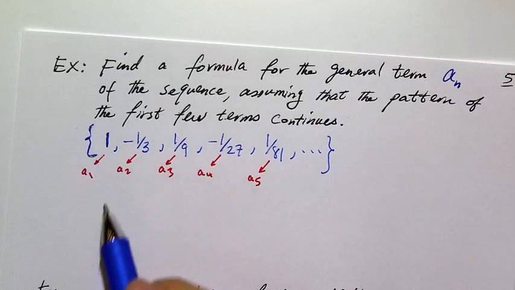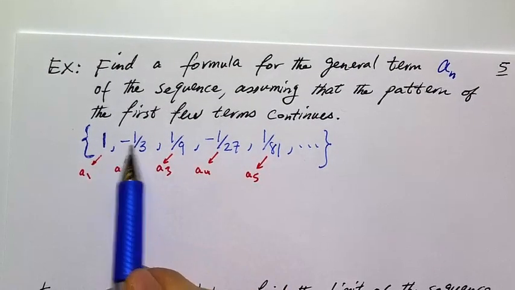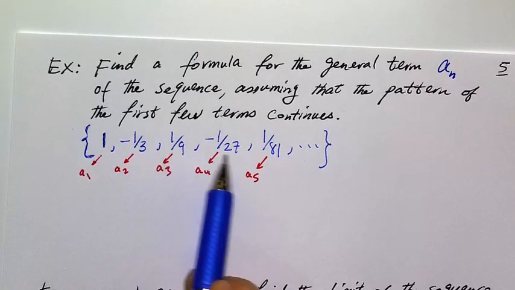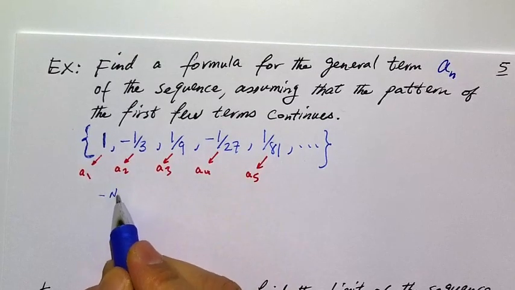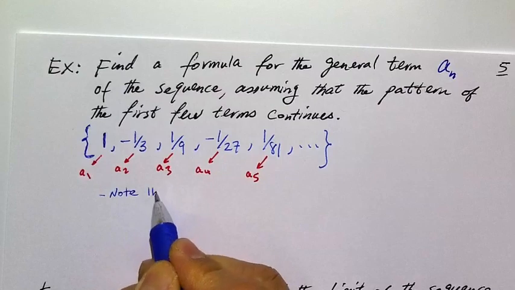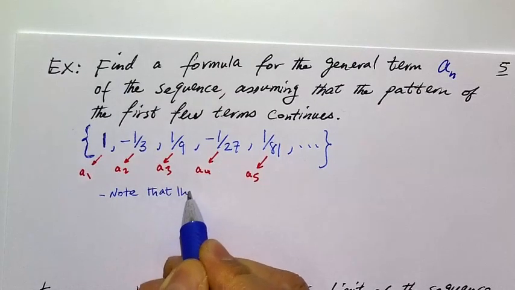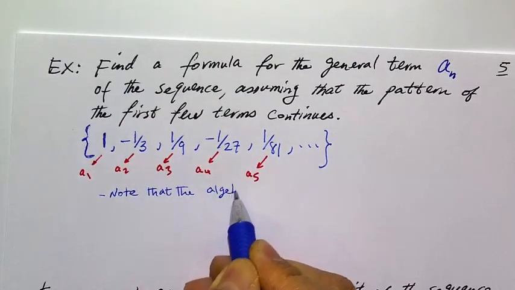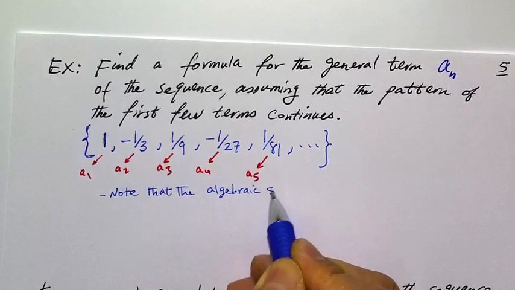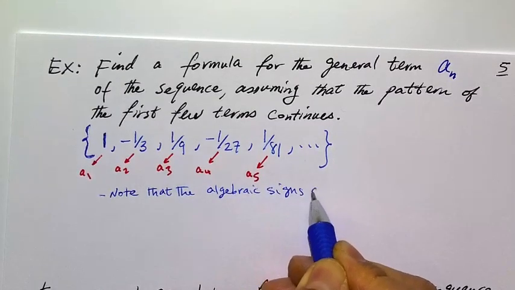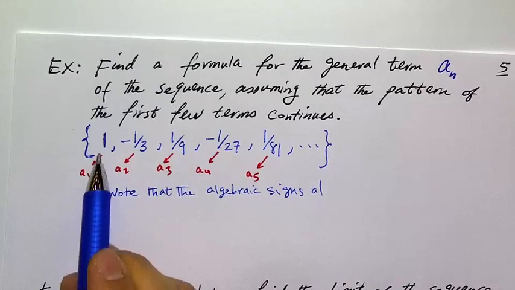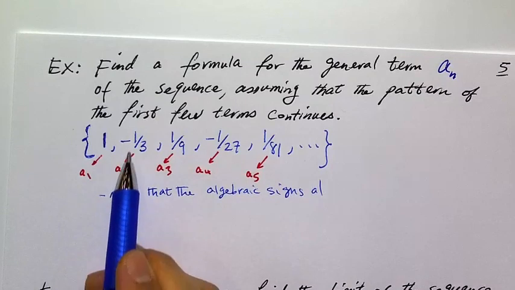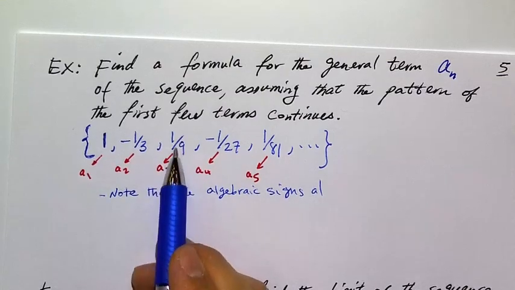One is the fact that the algebraic signs alternate. So let's make a note of that. Algebraic signs alternate, and for the first term it's positive, for the second term it's negative, for the third term again positive.